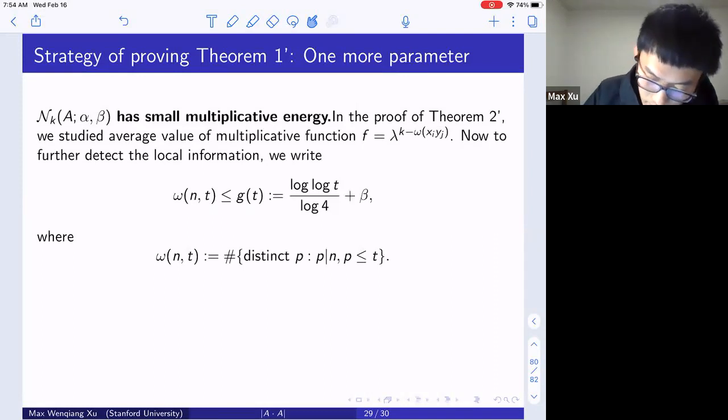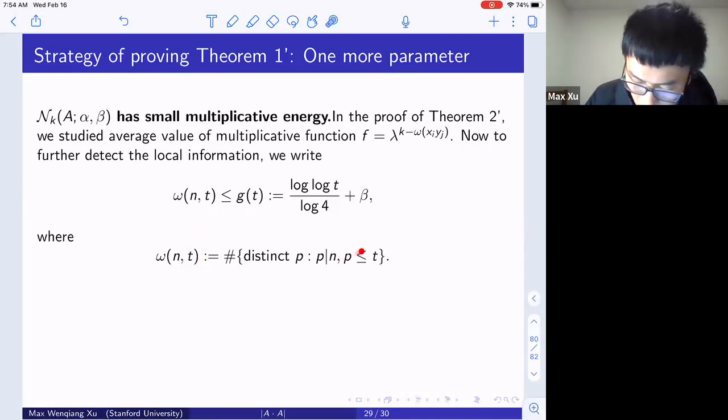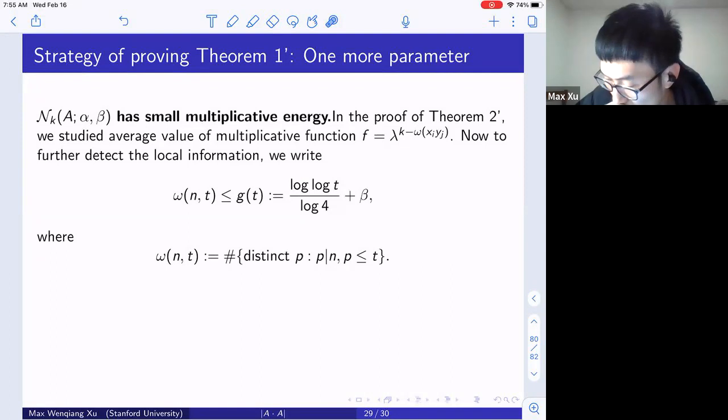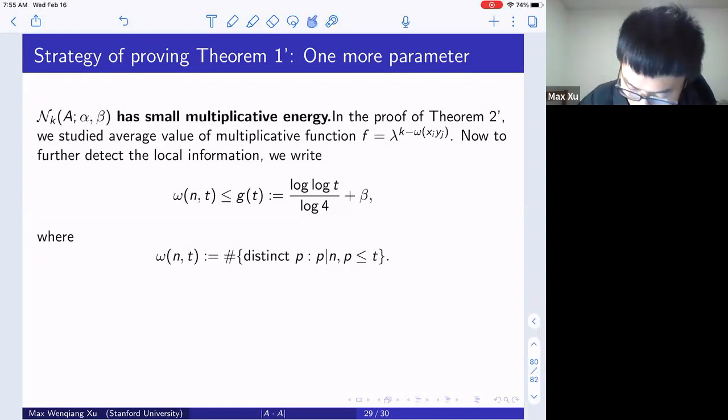If we write omega(n,t) to be the number of distinct prime factors p of n such that p goes up to t, then we want to indicate this local function as we mentioned before. Omega(n,t) is like log t over log 4. This is the same as the lower bound on the control of the j-th prime factor.